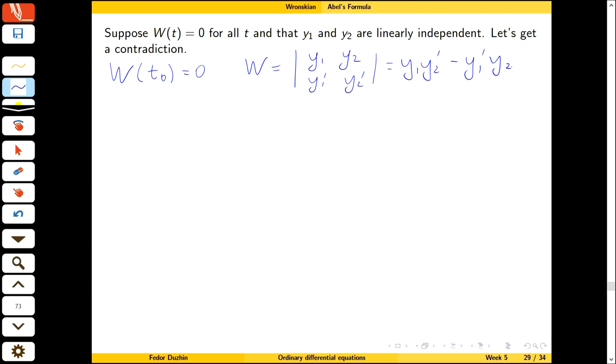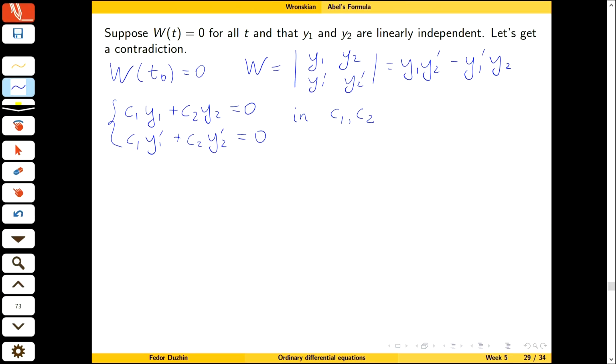And now we are going to do a clever trick again. So now I'm going to write something that probably looks strange. C1 y1 plus C2 y2 equals 0, and C1 y1 prime plus C2 y2 prime equals 0. But then let me consider this as a system of simultaneous equations in the unknowns C1 and C2. Right?